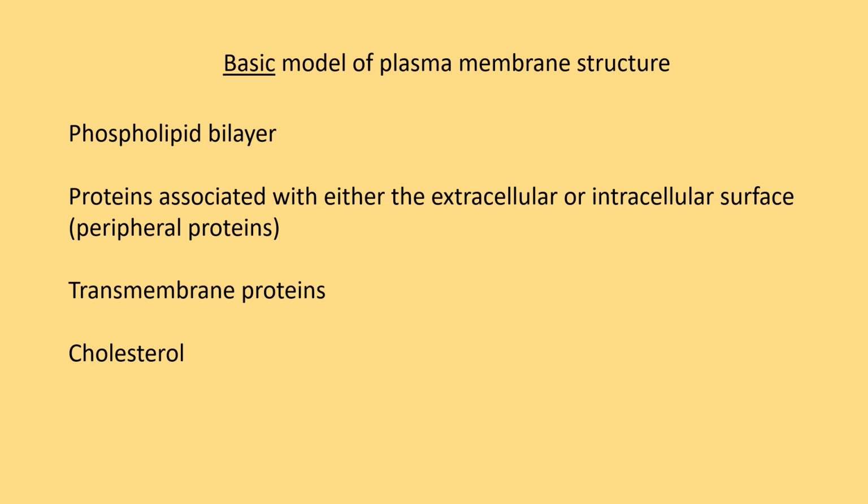There are also transmembrane proteins, where trans means across. These transmembrane proteins go all the way through that phospholipid bilayer. And then there are scattered molecules of cholesterol, and cholesterol is a lipid, and that cholesterol is embedded inside that phospholipid bilayer.